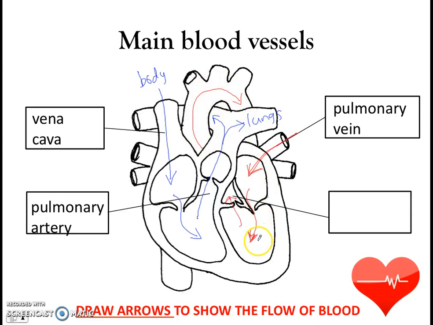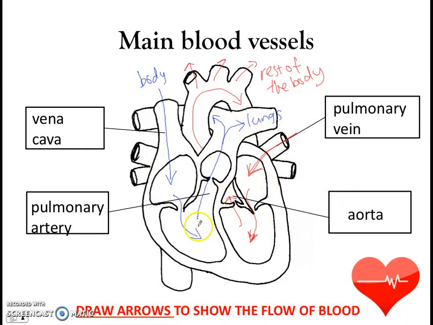This blood vessel is our aorta. If you recall, the aorta transports oxygenated blood from the heart to the rest of the body. So this will go up this way, there'll be some branching, and it will go to the rest of the body.